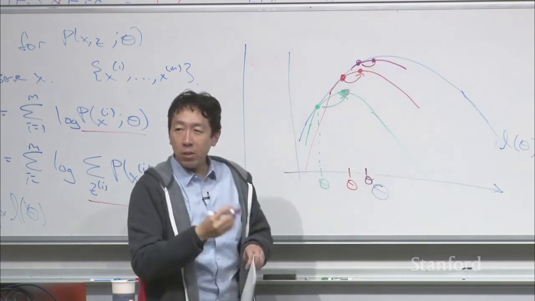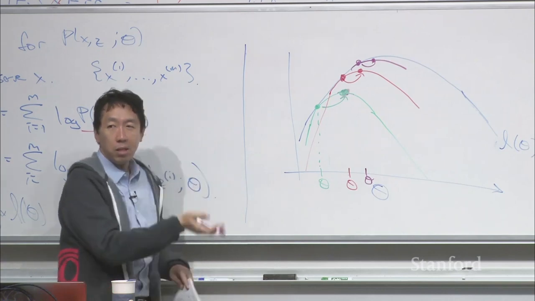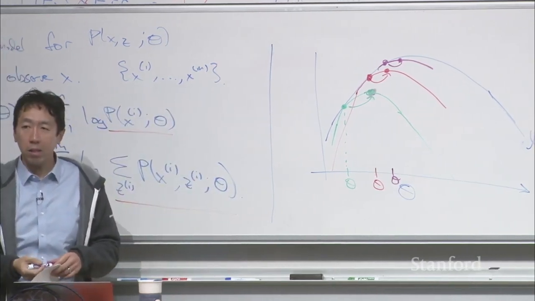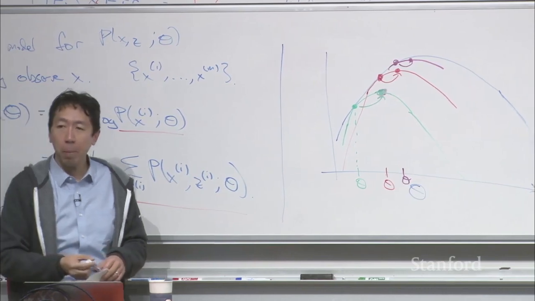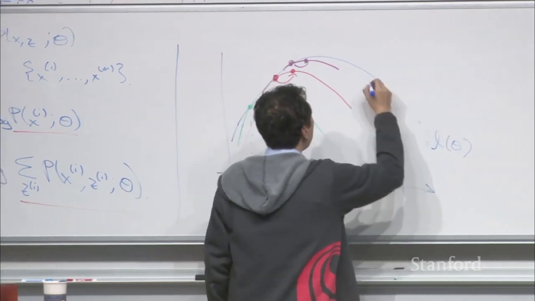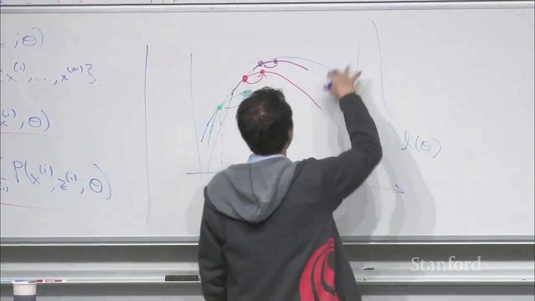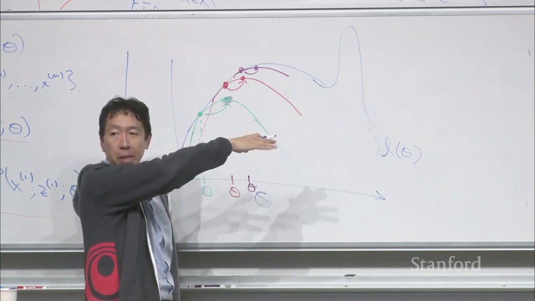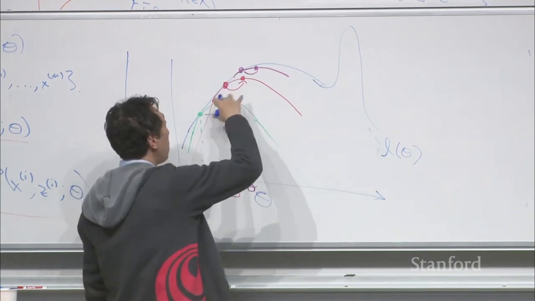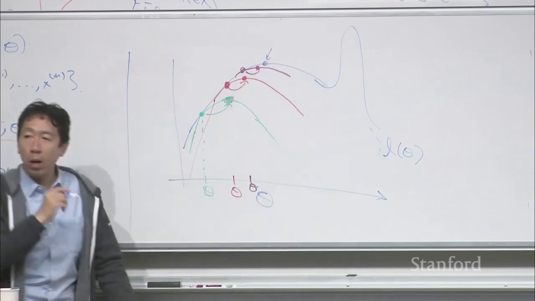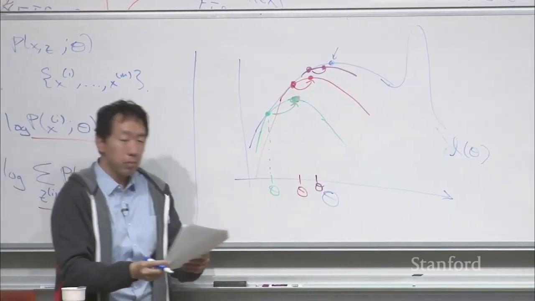And you can kind of tell that as you keep running EM, this is constantly trying to increase L of theta, trying to increase the log likelihood until it converges to a local optimum. The EM algorithm does converge only to local optima, so if there was another even bigger one there, then it may never find its way over to that other better optimum. But the EM algorithm, by repeatedly doing this, will hopefully converge to a pretty good local optimum. Okay? All right.